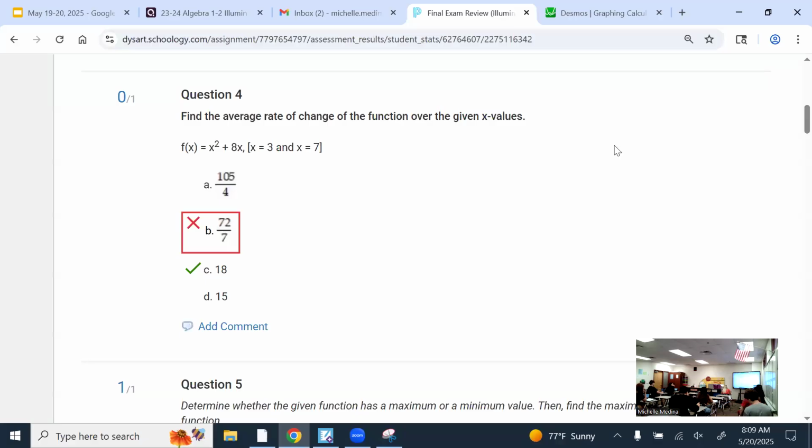Okay, so average rate of change. A really good formula to put on your note card. What's the formula for average rate of change? That's not slope intercept form. The formula for average rate of change.